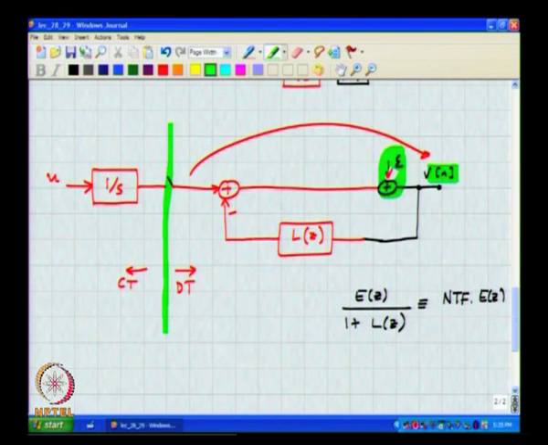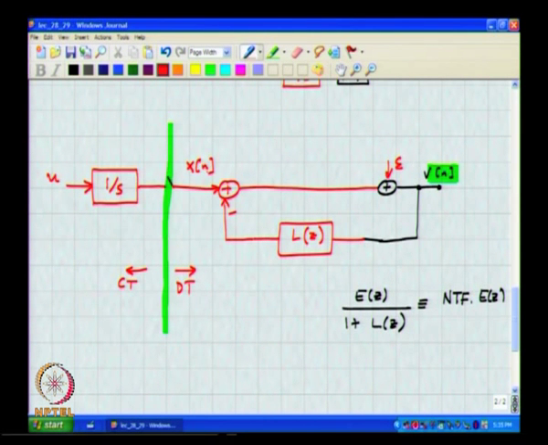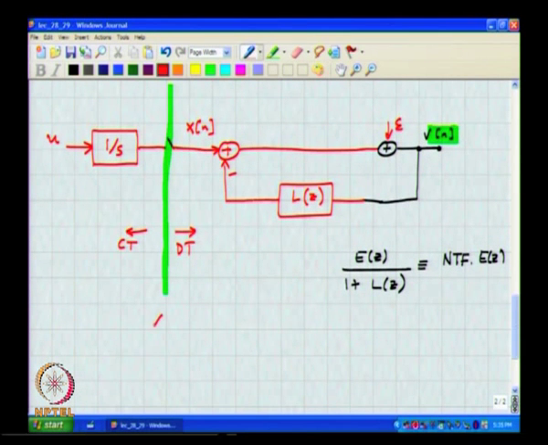This is clear. So, if I call this intermediate signal x of n, then the transfer function from x to V is nothing but 1 by 1 plus L of z, correct.